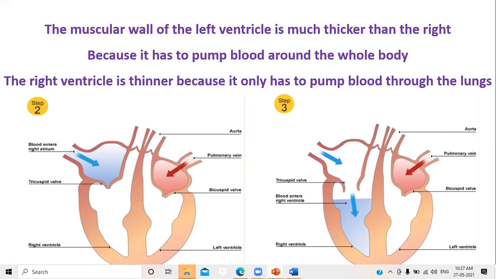And this is why we resemble it with the blue color. Blue color means that it doesn't have oxygen in it, but the red color means that it has oxygen in it. Okay, so first we're going to start with the deoxygenated blood. How does the heart get blood?